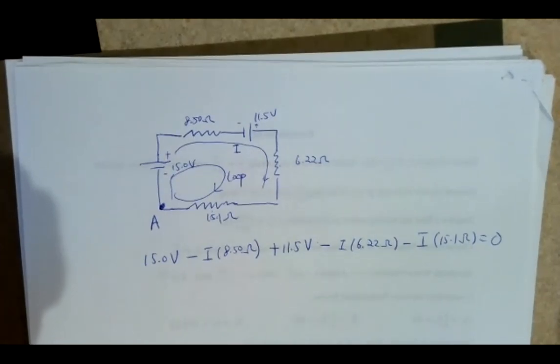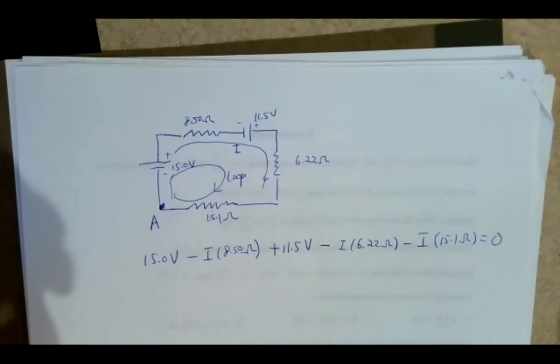Junction rule should be simple to write, but loop rule sometimes might be confusing. Okay, so again, if you go from the negative terminal of a battery to the positive terminal, then potential increases. If you are going from the positive terminal of a battery to the negative terminal, then potential decreases.